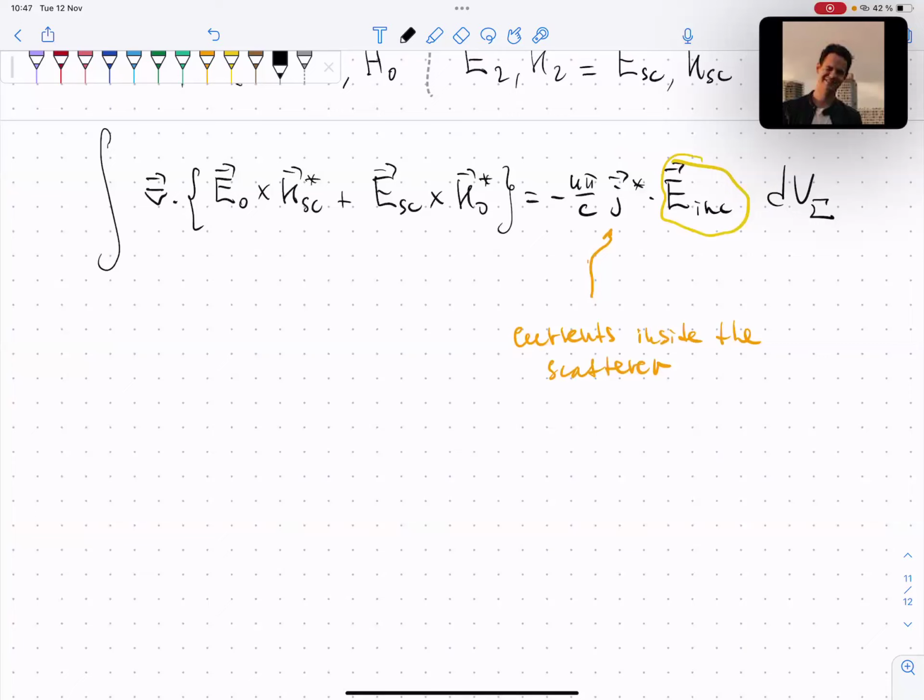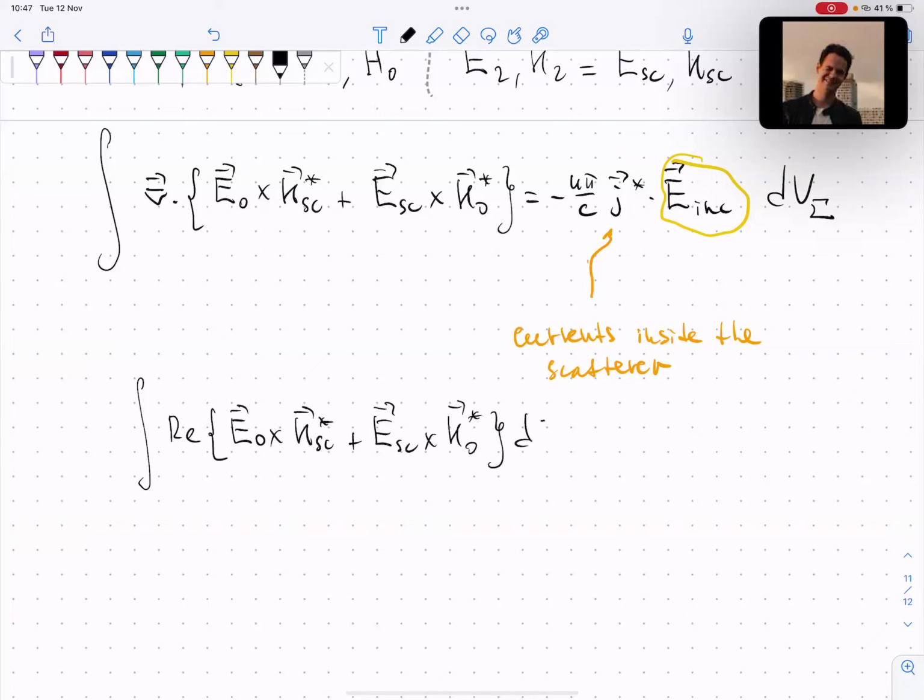This integral of divergence will be equal to the integral of the real part of E0 times E scattered conjugated plus E scattered times E0 conjugated over d sigma.